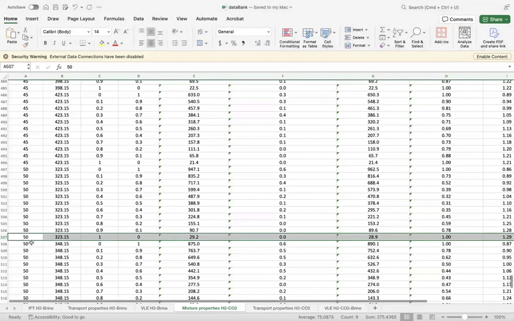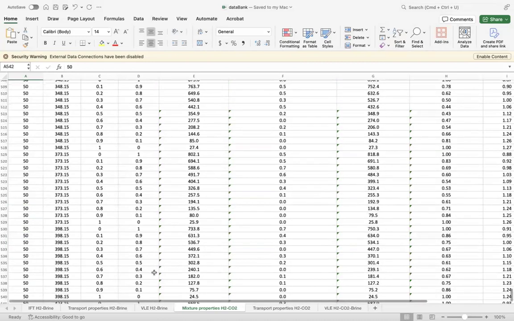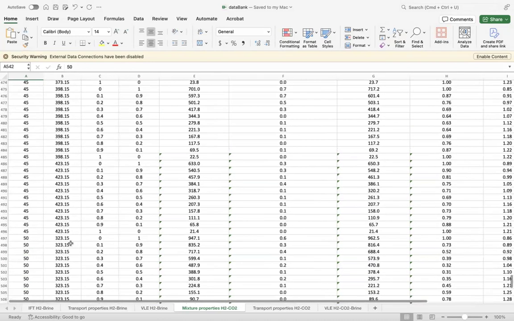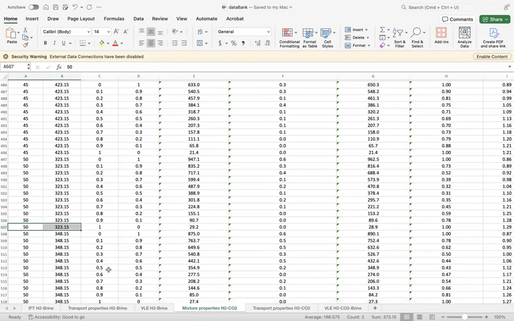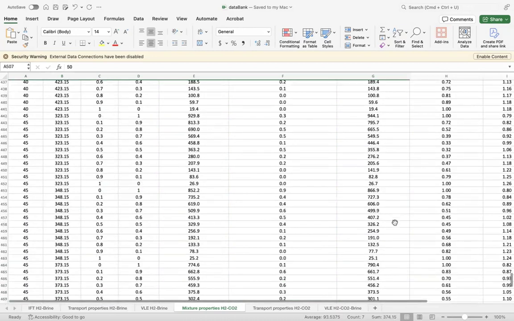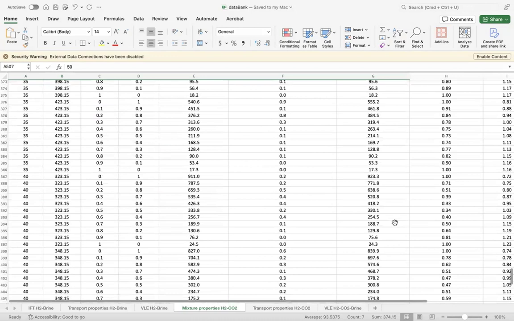We can also have a look at how well this compares against traditional thermodynamic databases such as RefProp. If you look at the Excel file that's already available to you, you can see that at 50 megapascals, 323.15 Kelvin for completely hydrogen mixtures, RefProp comes out to roughly 28.9.